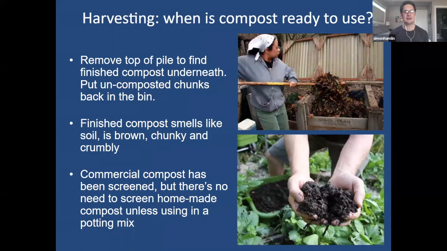It's still kind of chunky, and it hasn't really reached that beautiful brown, crumbly color that you see in the lower picture. So the key is just, we're going to keep adding the right amounts of carbon and nitrogen, and rotating things and giving it time, until we ultimately get to that black gold that we'll use for our gardens.